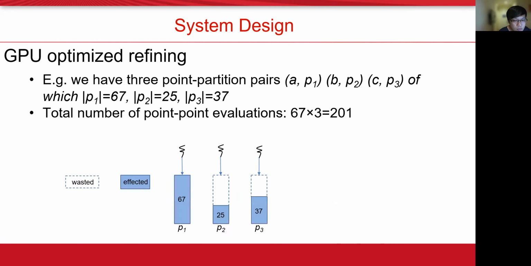For example, if we have 3 point-partition pairs for evaluation and each of those partitions contains 67, 25, and 37 points respectively, and if each thread processes one point-partition pair, as all the GPU threads execute the same statement at the same time on the same streaming multiprocessor, all threads need to process 67 point-to-point pairs, and a lot of those evaluations are wasted.